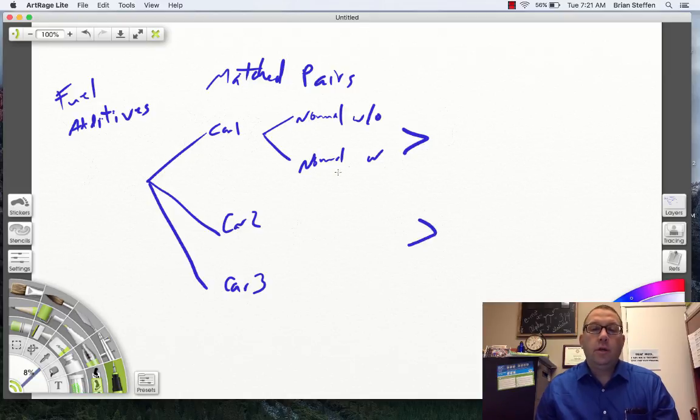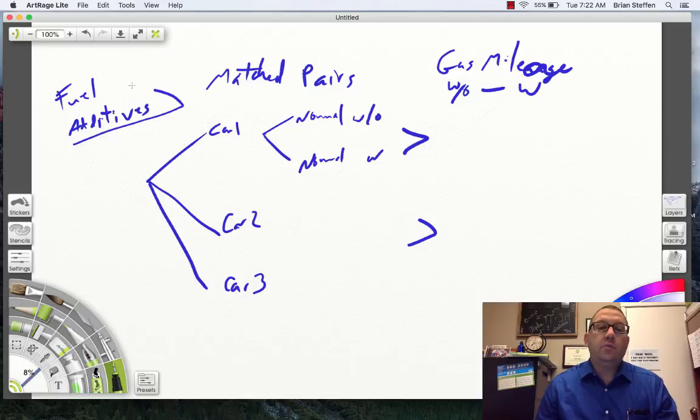So overall, if we're talking about gas mileage, normal without and normal with, here's what you need to decide: without minus with. If the fuel additive is doing what it says it should do, which is make your gas mileage better, say instead of getting 30 miles per gallon, you get 32.